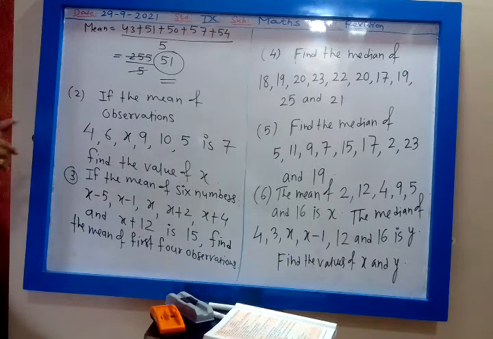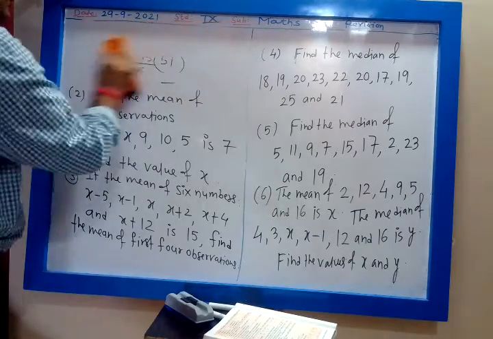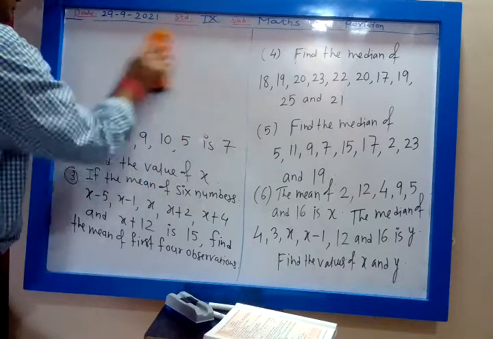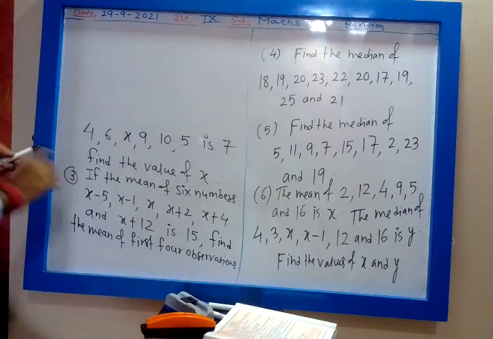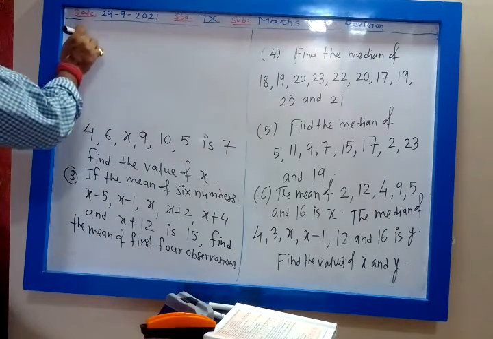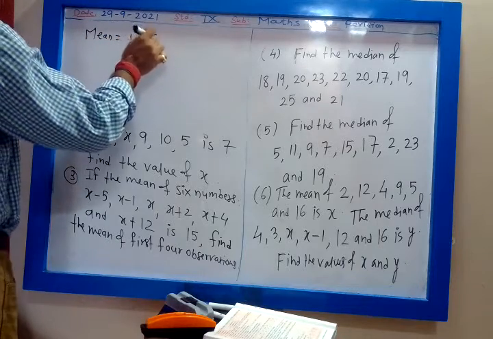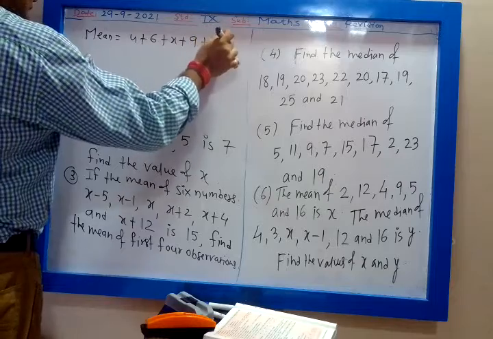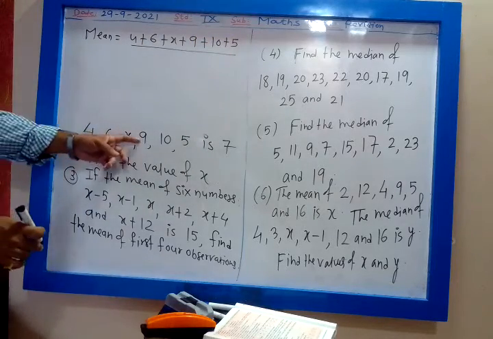The mean of observations is given. Find the value of x. The mean of the observations is 7. So how will we find the mean value? Mean is equal to 4 plus 6 plus x plus 9 plus 10 plus 5 upon how many values are given? 1, 2, 3, 4, 5, 6.